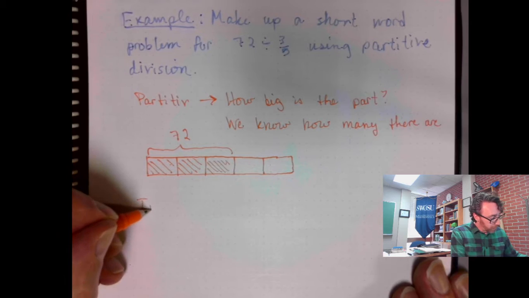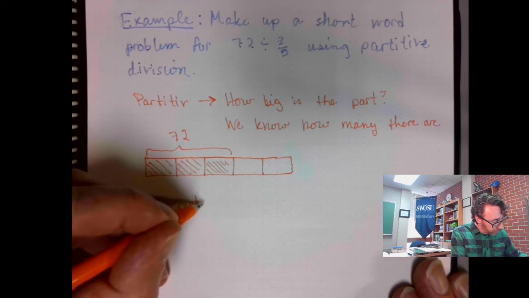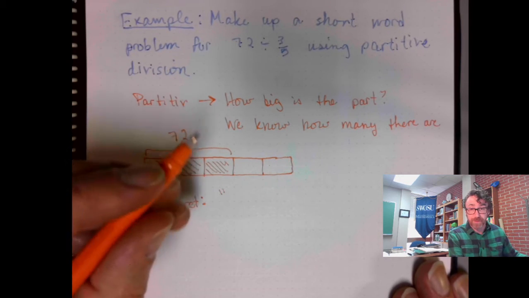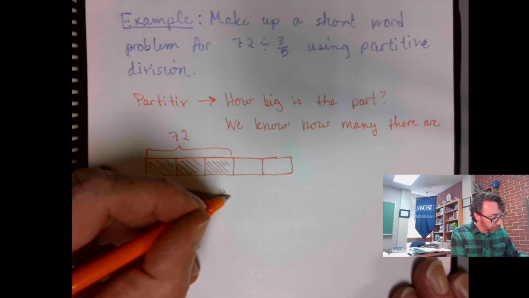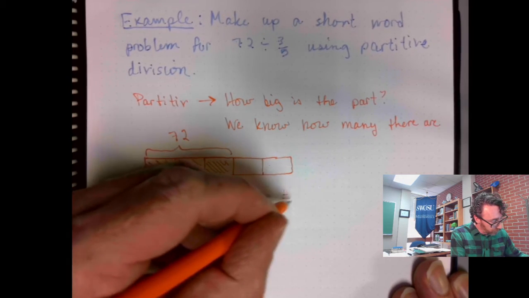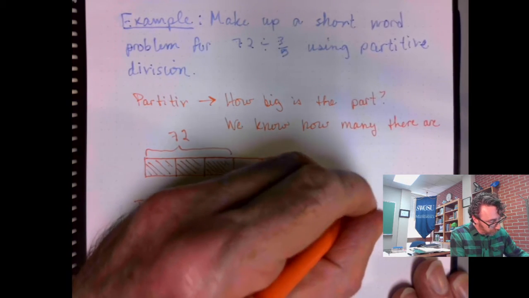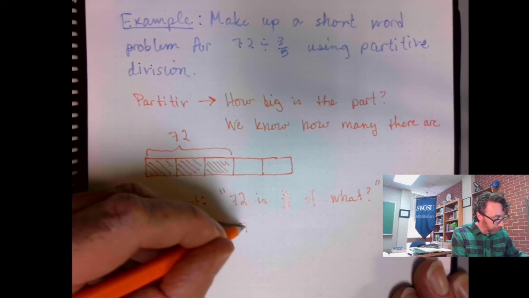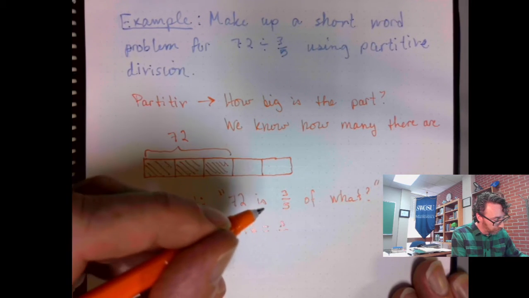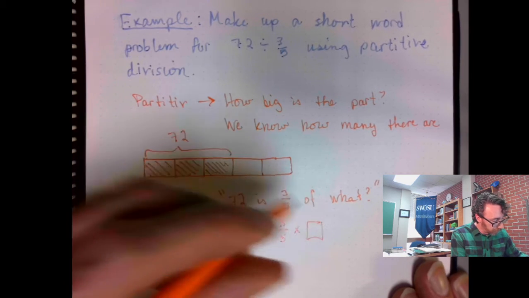Once again, it's very helpful to come up with an interpretation before we even start. So we're thinking 72 is 3/5 of what? Because in mathematical symbols, that is equivalent to 3/5 times blank.